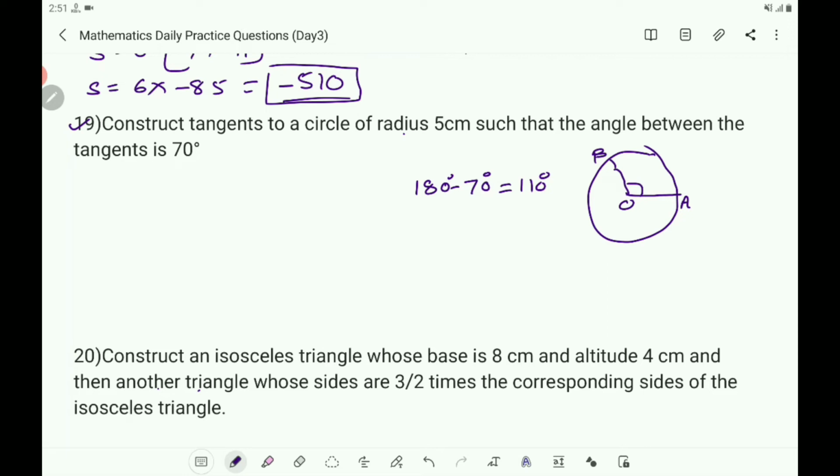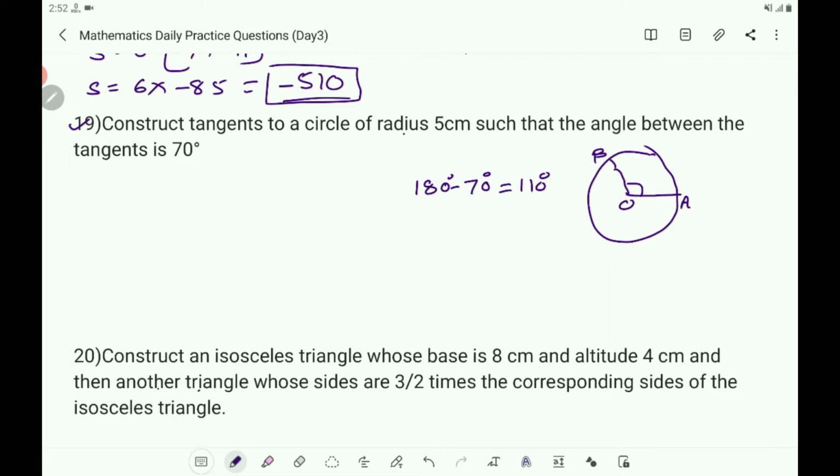Now you draw the perpendicular at A and at B. So you will get two tangents, one at A and the other at B. You know the method of constructing a tangent at a point on the circle. Here A and B are the points on the circle.